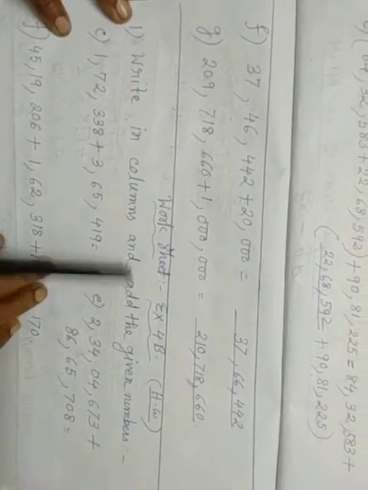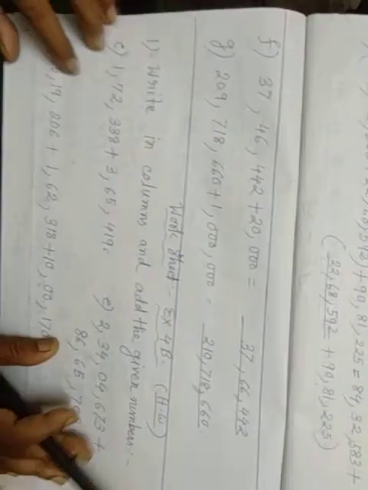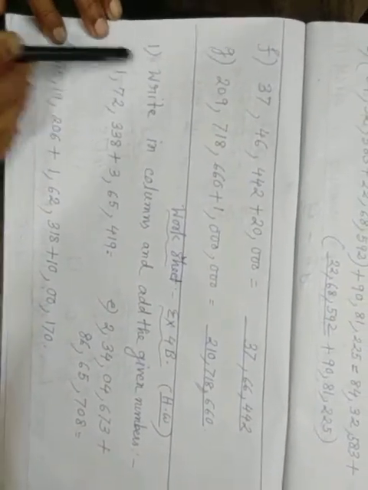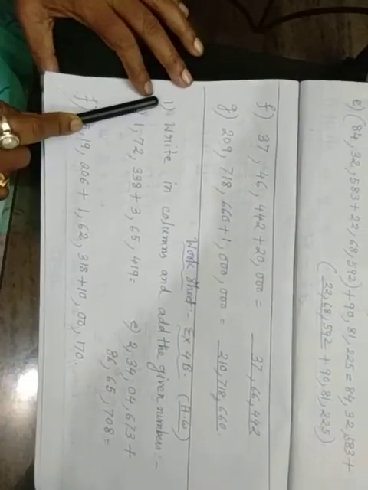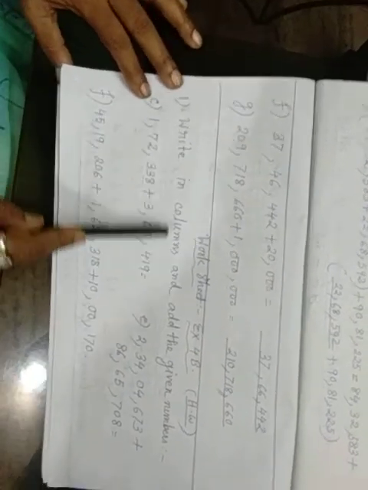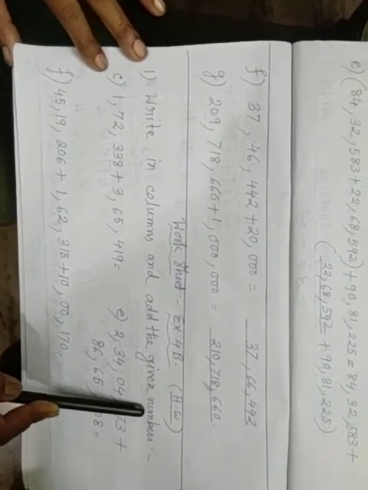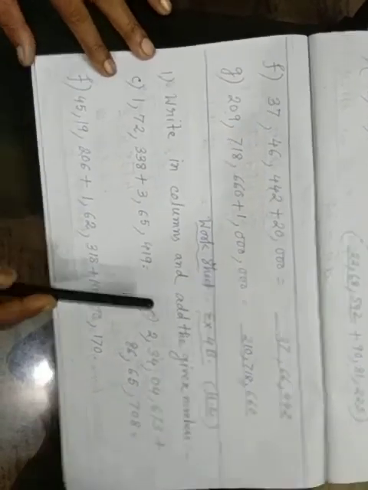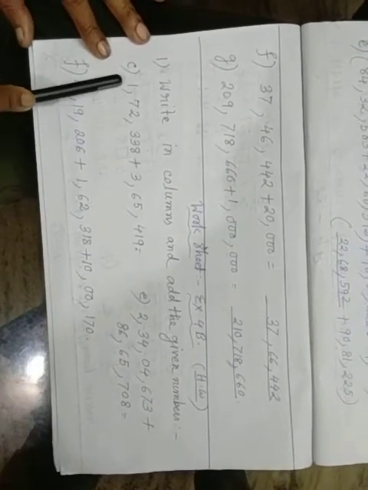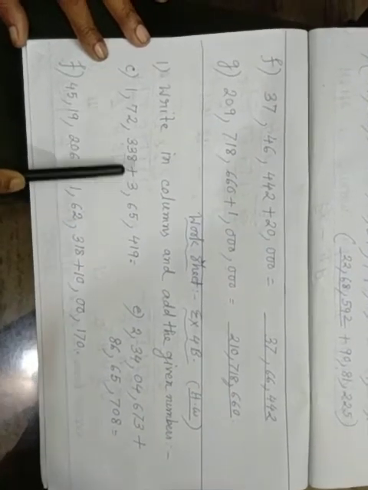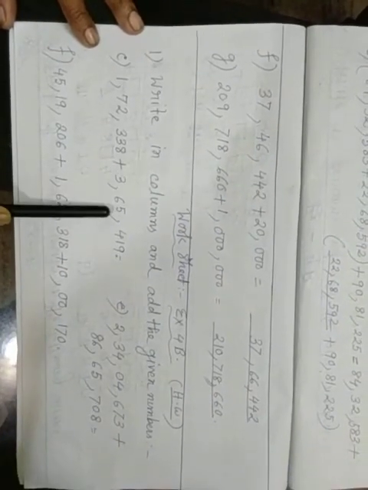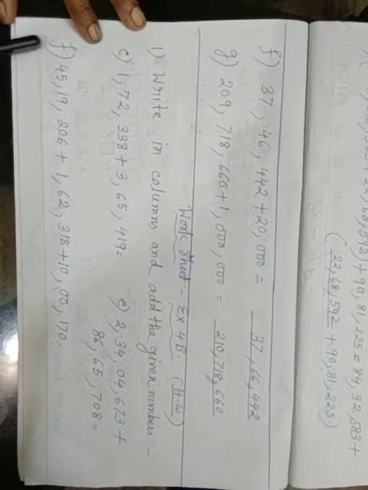Okay, this is the chapter 4A worksheet, that is homework. Worksheet 1. Write in columns and add the given numbers. 1,72,338 plus 3,65,490.